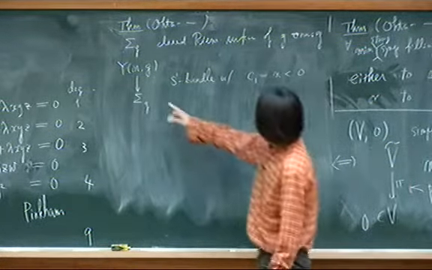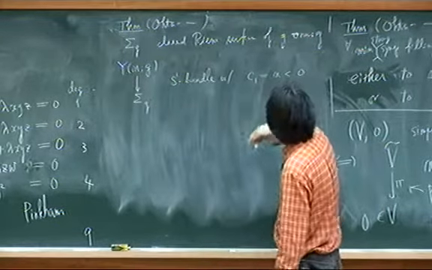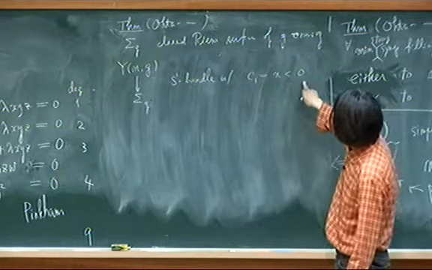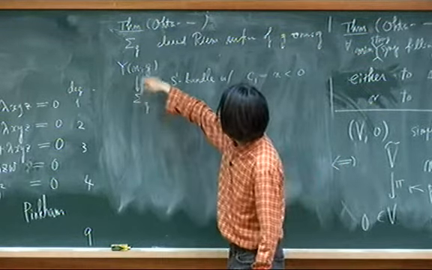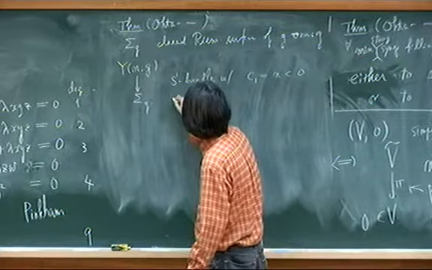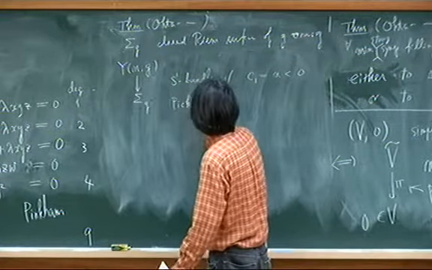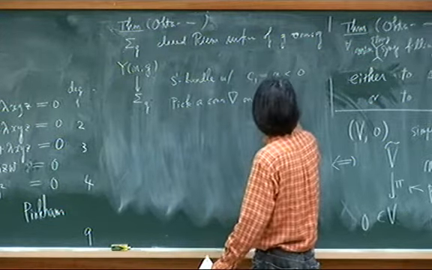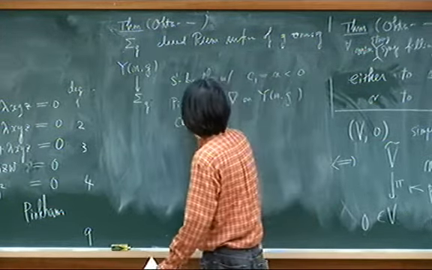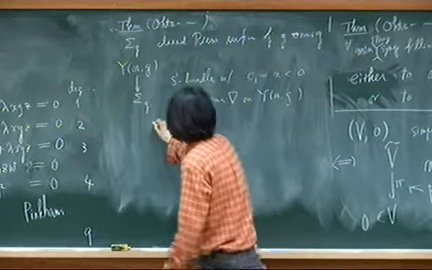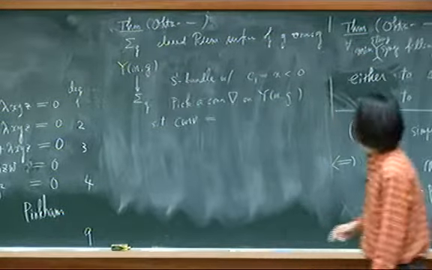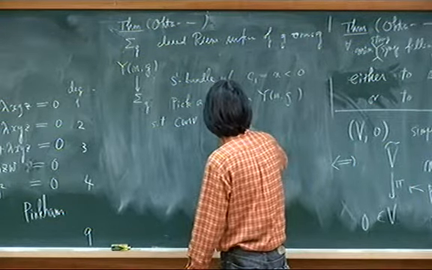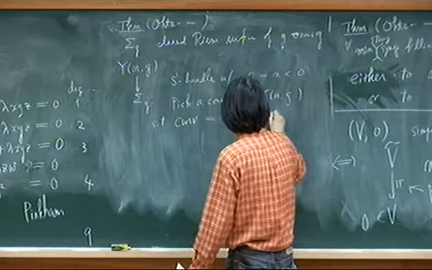And then if you have a circle bundle with non-vanishing c1 equal to n, which is negative, then we can cook up some connection on this, so that the curvature is equal to some multiple of the area form, maybe n times the area form.